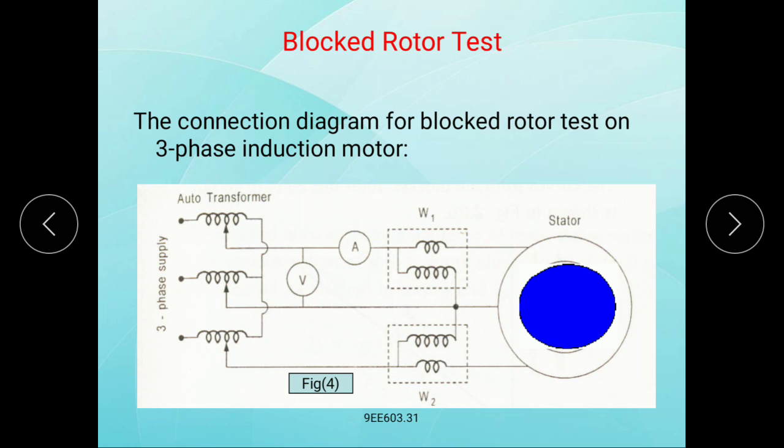It is connected between this phase and this phase. Now wattmeter 2 is connected between the third phase and the second phase, and this is the common terminal for the wattmeters.